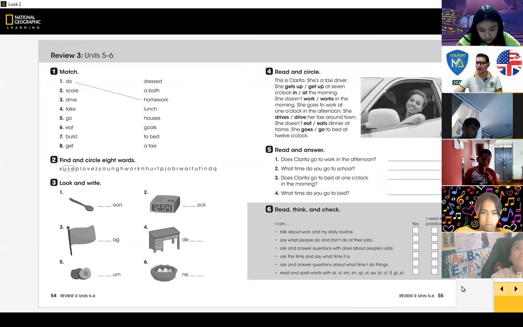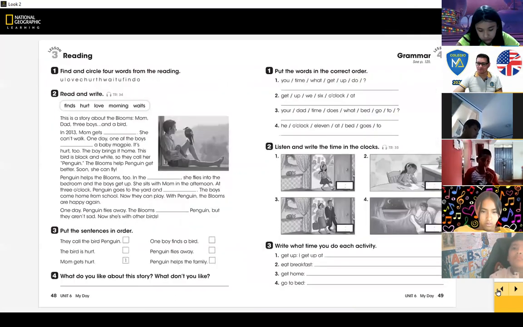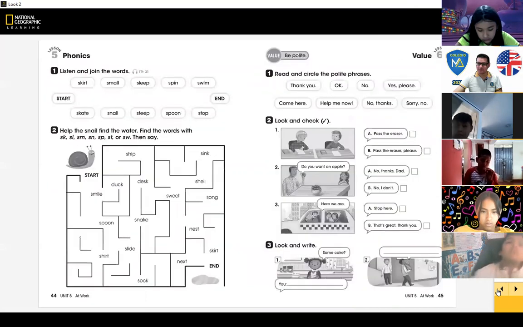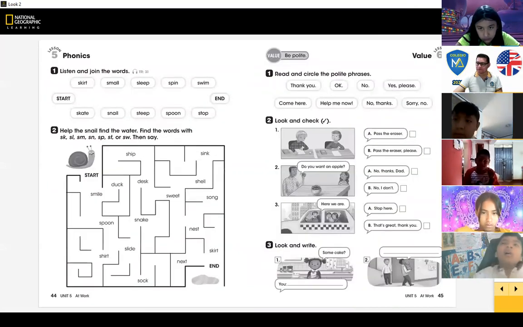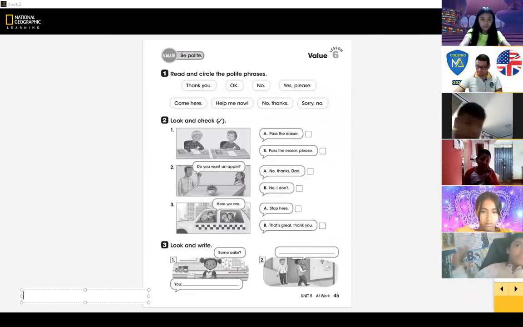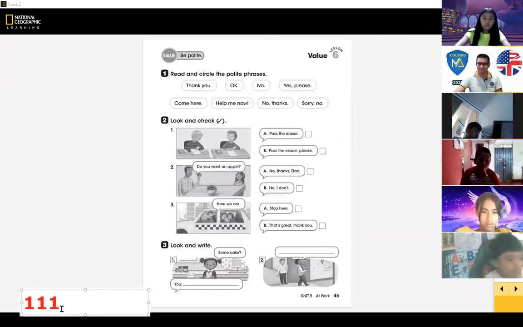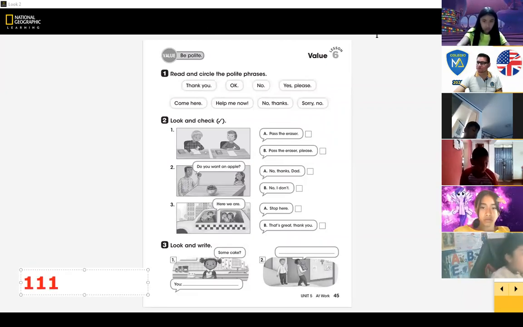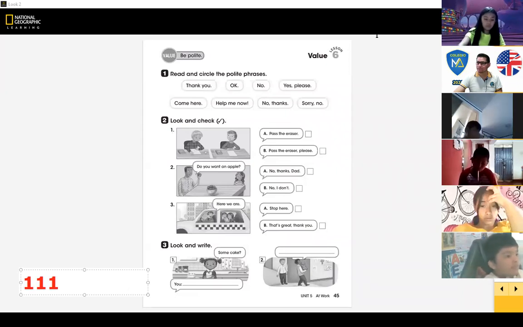Okay, 45. I think for you, this is page number 111, right? Is that right? Let's go for this page, students. Let's go. 111, ¿no? Yes.